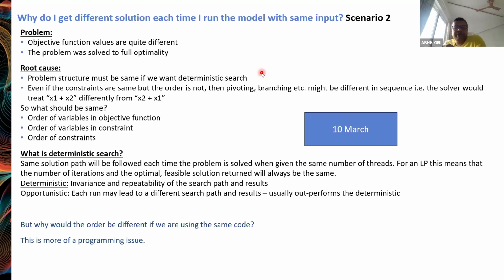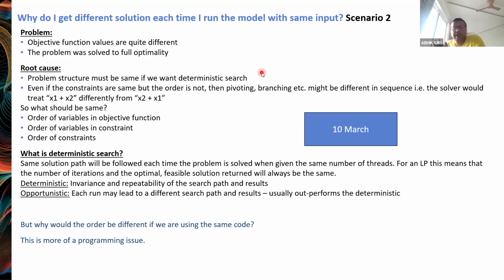That is not desirable, because you will get different solutions every time you run the model, and that might confuse the user and even you, if you are testing some new functionality on the result. To prevent this, most solvers have the concept of deterministic search and opportunistic search.